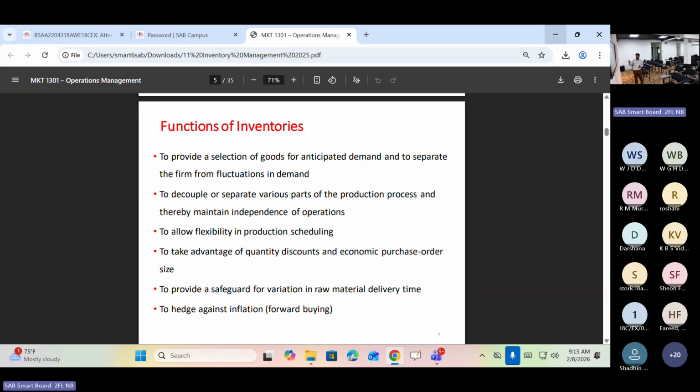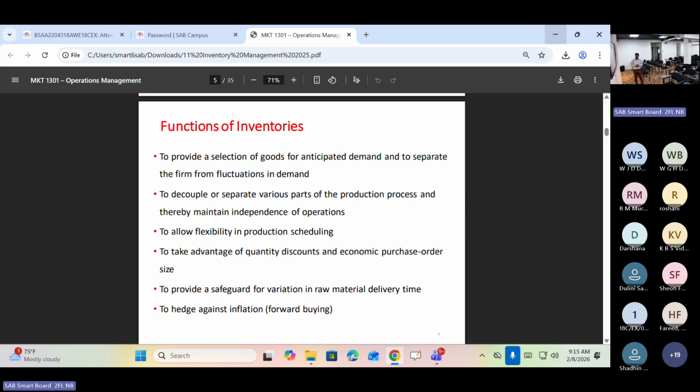To get the quantity discounts, when you buy high volumes and maintain the additional amount in inventories until they are required, you can buy products at lower prices, lower rates, especially by ordering at economic order sizes. You can minimize inventory related costs, but you will have to maintain inventories. So to take advantage of quantity discounts and economic order sizes, inventory management has been used. That is another main function of inventory.